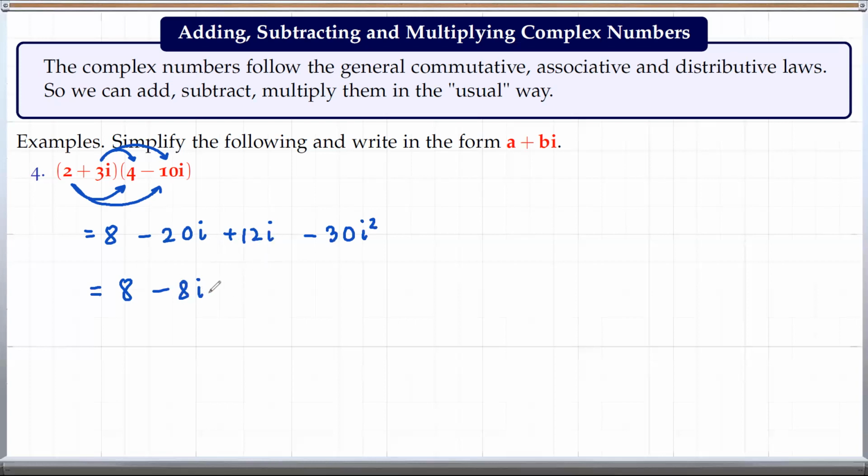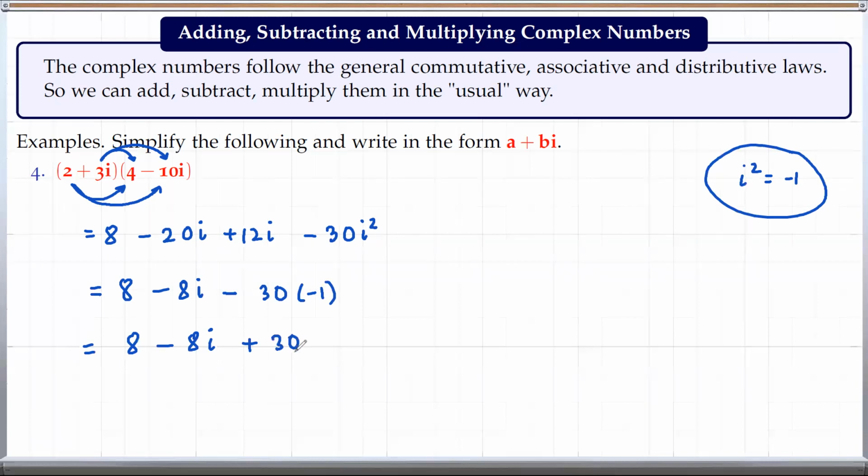So negative 8 apples minus 30, and i squared is simply negative 1. So we get 8 minus 8i plus 30 over here. So 8 plus 30 is 38 minus 8i. So this is the product between these two complex numbers.